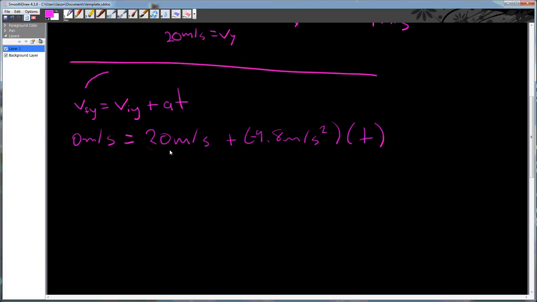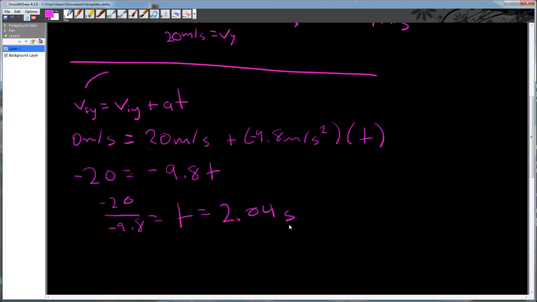Alright, so if we subtract this 20 here, negative 20 equals negative 9.8 t. We're going to divide by negative 9.8. Negative 20 divided by negative 9.8 equals t, which is about 2.04.